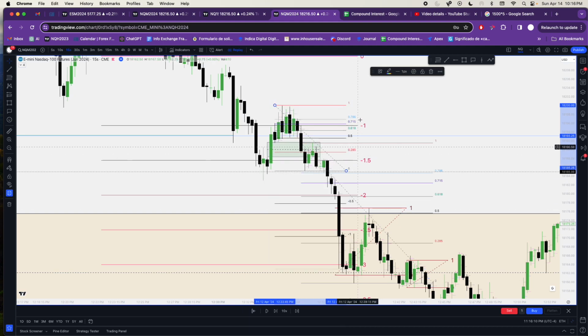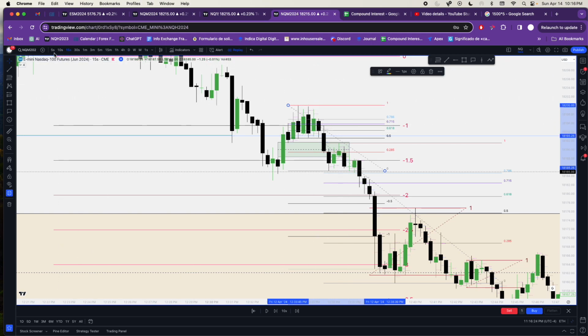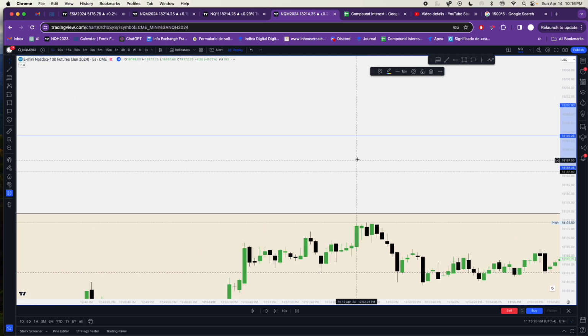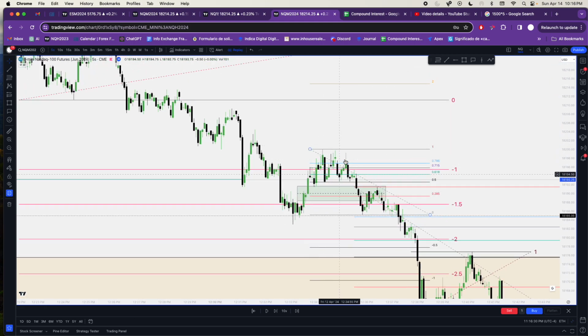What is this? What is this supposed to be? Optimal trade entry. Why do you have this? Why are you mentioning this one? No, we want our manipulation leg, sir. And this looks bad. Does not look good. Look at this.